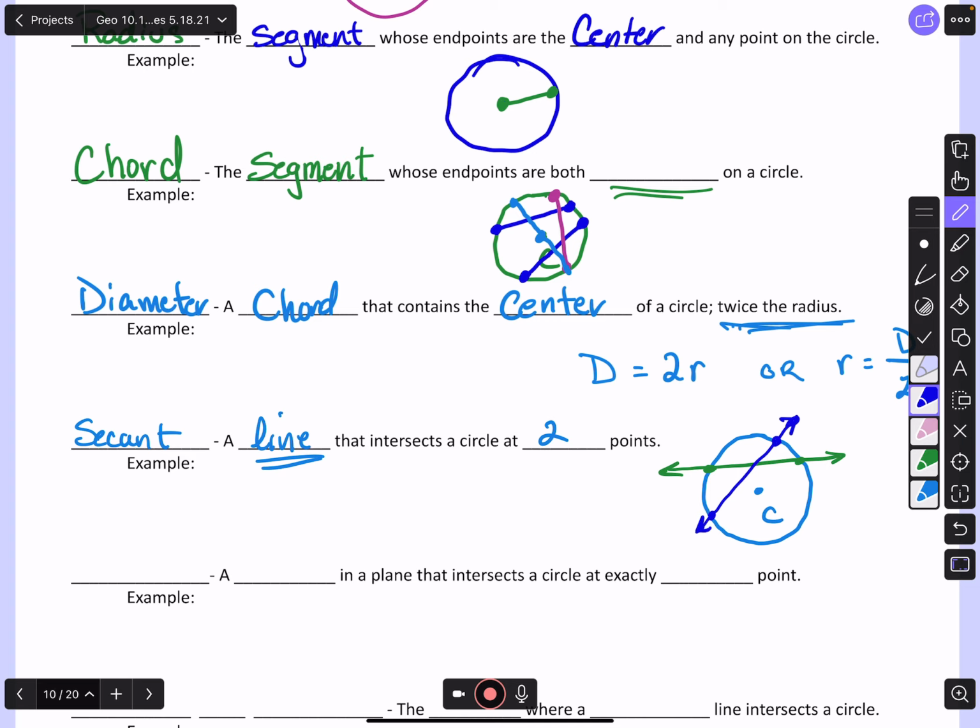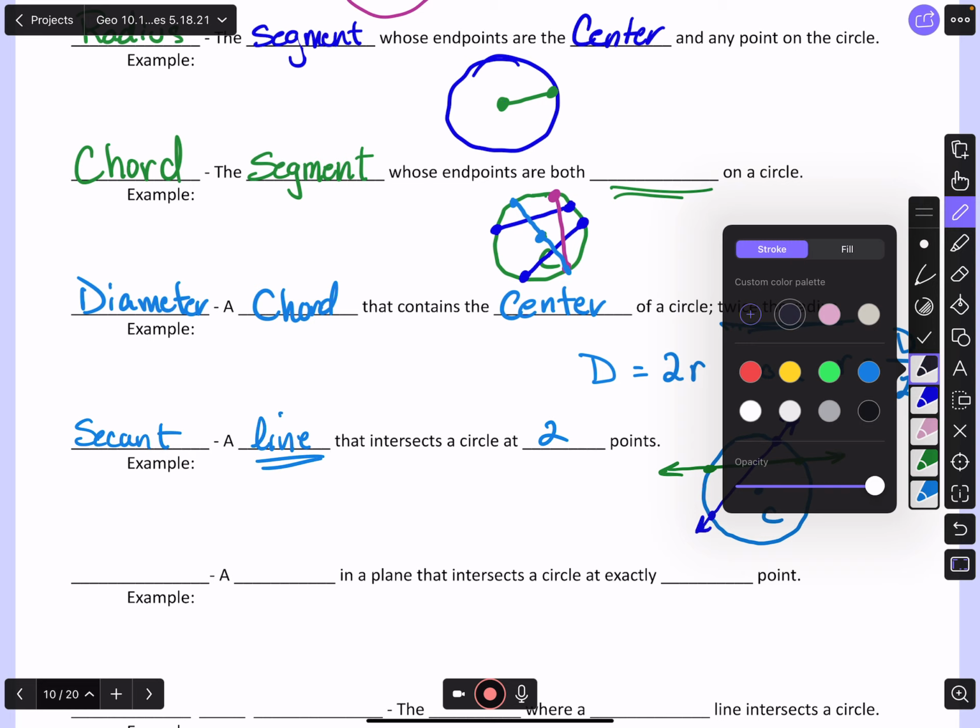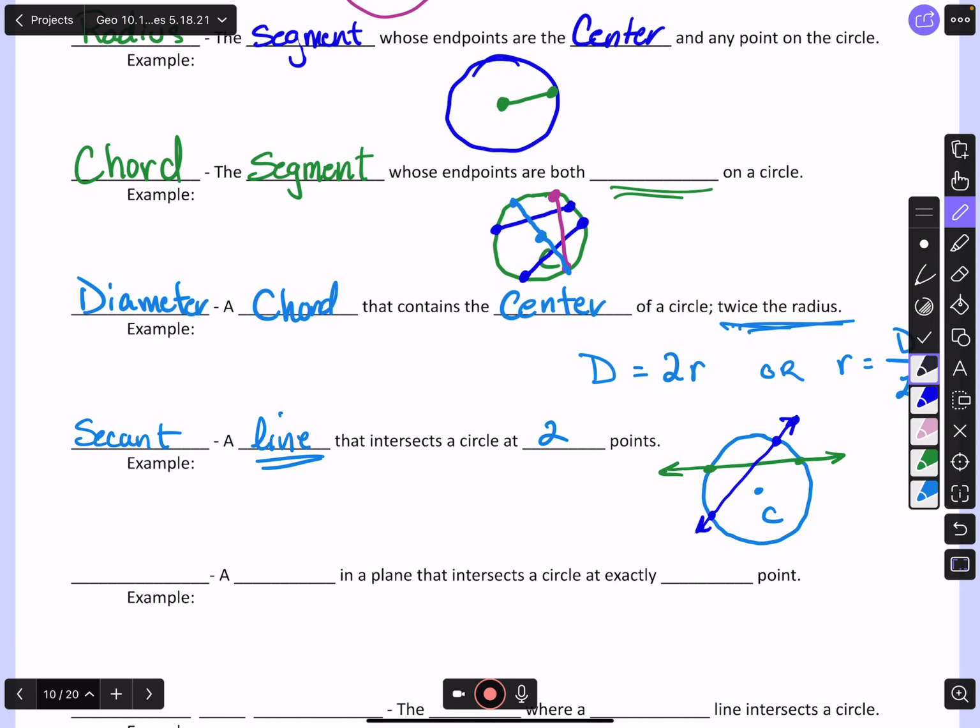However, that's not true. We can draw a line that only intersects a circle at a single point. And if we draw a line that's just very carefully created, so it just touches the circle like that, it can strike a line or a circle in just a single point. And there's an infinite number of these. They just touch the circle at a single point.